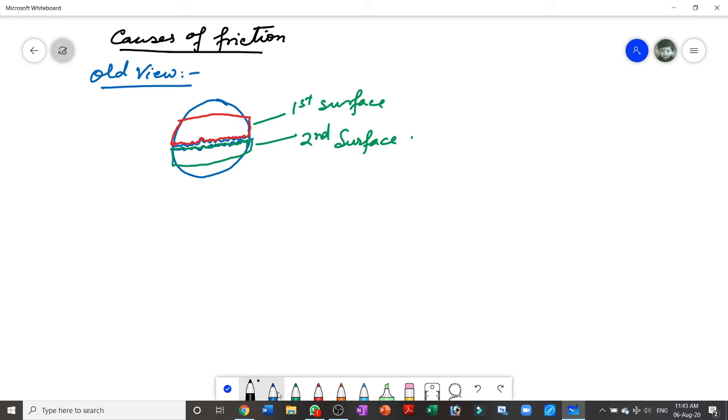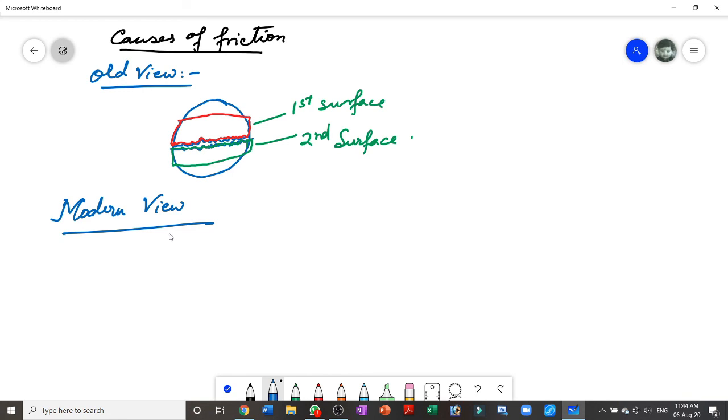But what is the modern view? There is a modern outlook on it. The cause of friction is the atomic and molecular forces of attraction between the two surfaces at their actual points of contact.